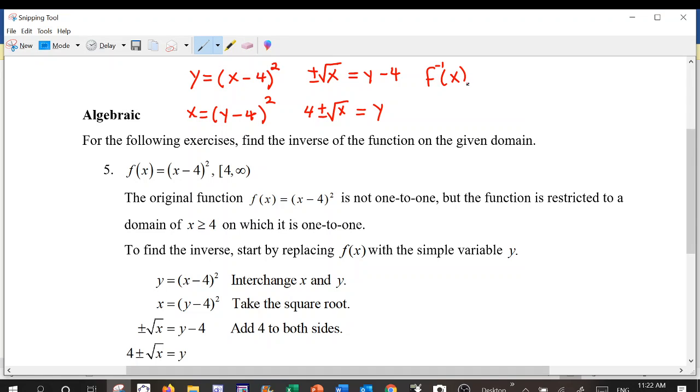Well, it cannot be the 4 plus and minus, because that's not a function. So we have to decide whether we use the minus or we use the plus.